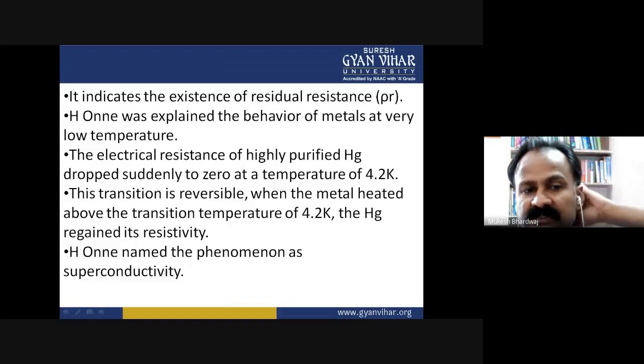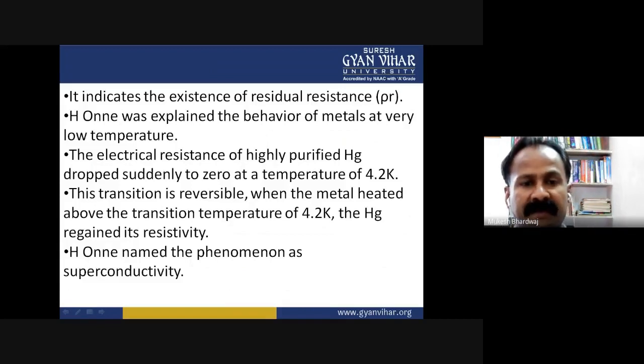This transition is reversible. When the metal is heated above the transition temperature of 4.2 Kelvin, the mercury regains its resistivity. He named the phenomenon superconductivity.